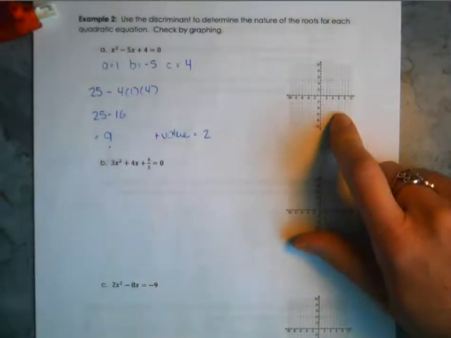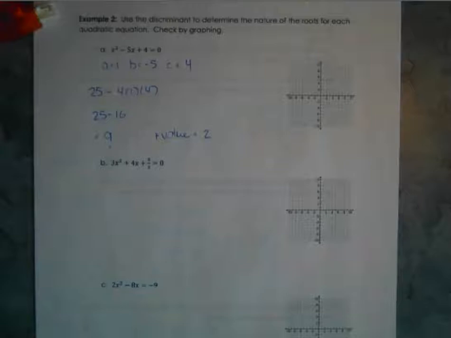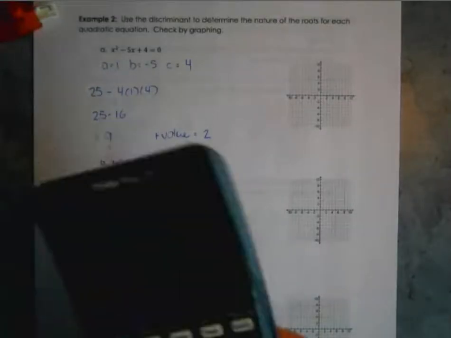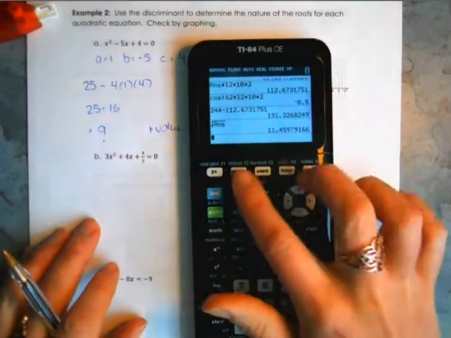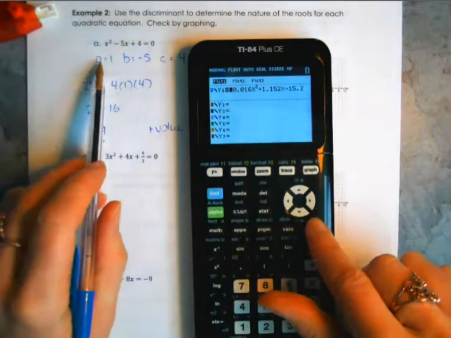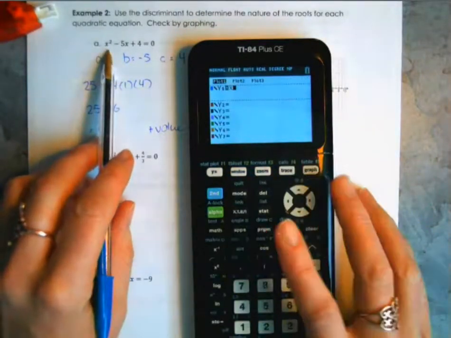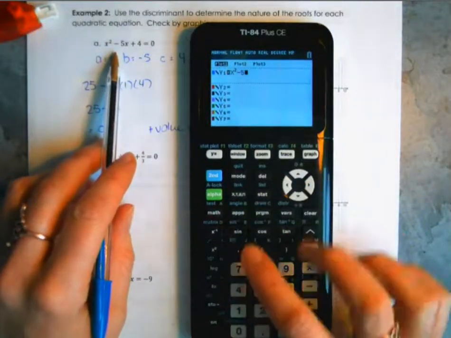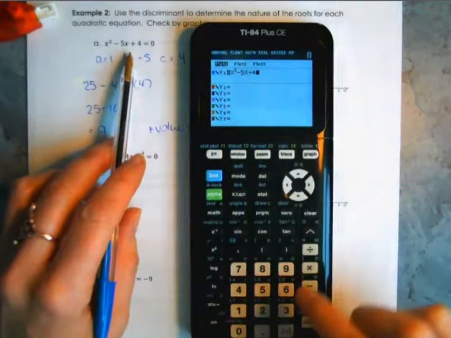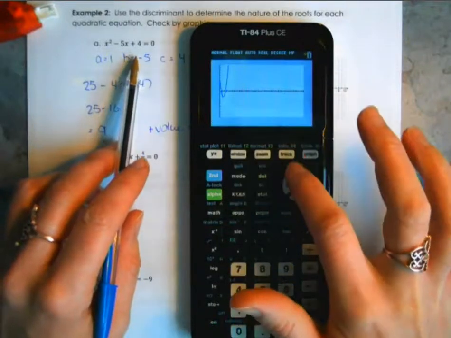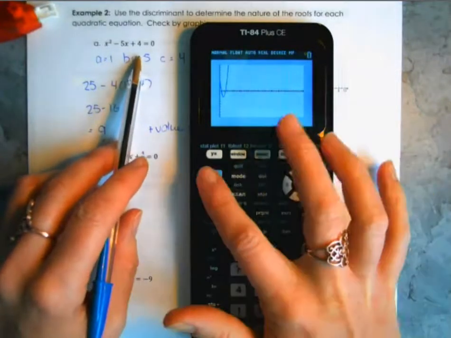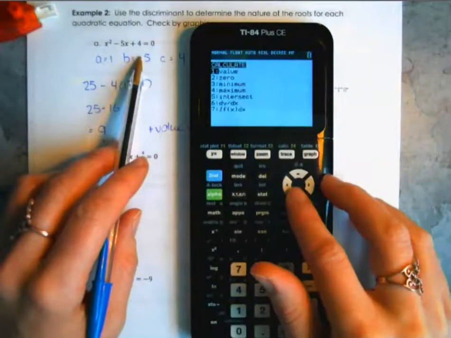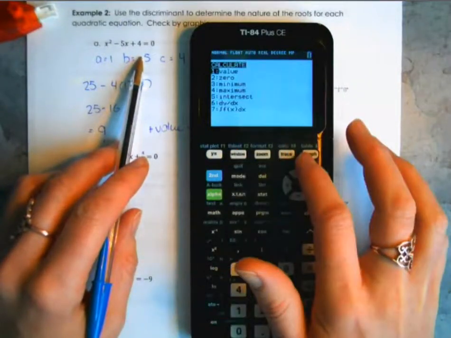And so you would just go into your graphing calculator. I'll do one of these with you guys, but by now you should be pretty comfortable with your calculator, where you would know how to do this. So basically you're going to go into y equals, and you're going to put in x squared minus 5x plus 4, and go to our graph. Oh, whoops, I had an old one... no, that's not what I wanted.